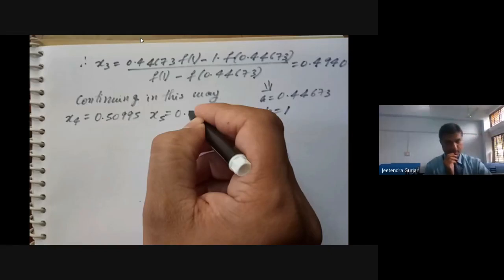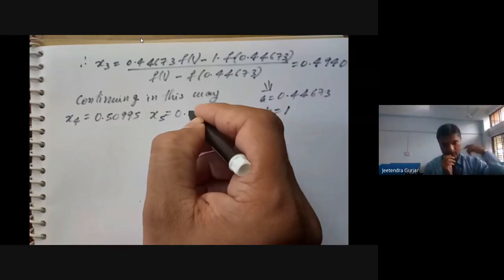Then substitute it in the formula like we have done in x3. After substituting this value, you will get it like this. x4 is equal to 0.49407 into f of 1 minus 1 into f of 0.49407, divided by f of 1 minus f of 0.49407.